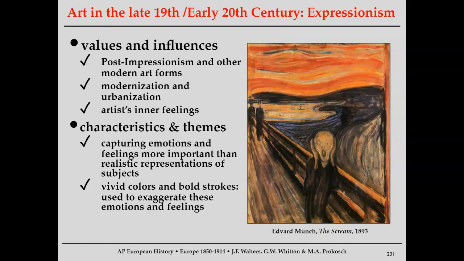There are significant regressions. World wars are a good example of that. So this idea of the lost generation, those who either were killed during World War I or survived but weren't able to reacclimate into society, that's all part of this age of anxiety. So really, the 1890s into the 1920s is what we call the age of anxiety. And Expressionism, which is right just before World War I, early 20th century, really expresses that anxiety.